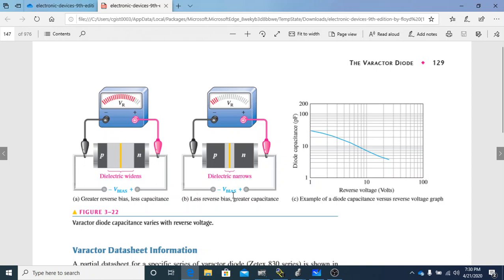Okay, so when reverse voltage goes down, then this depletion region, the dielectric, narrows, which makes the capacitance increase. And this chart, like it said, is basically taking the reverse voltage here. So as the reverse voltage goes up, you can see the capacitance goes down.